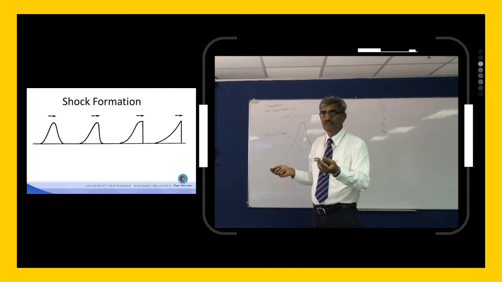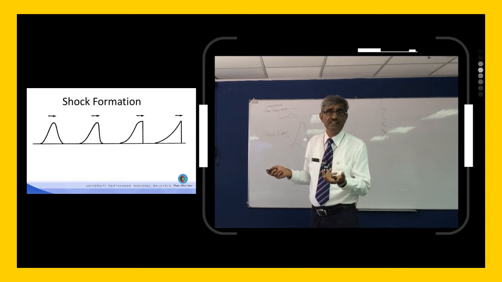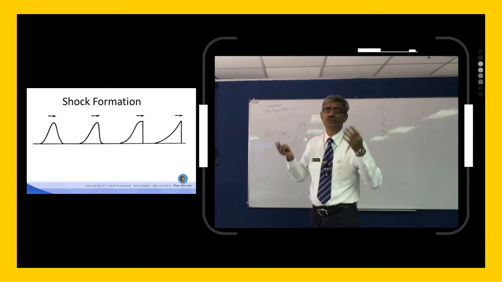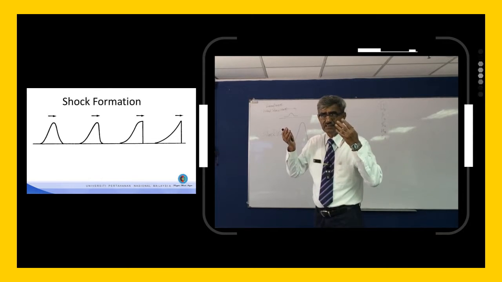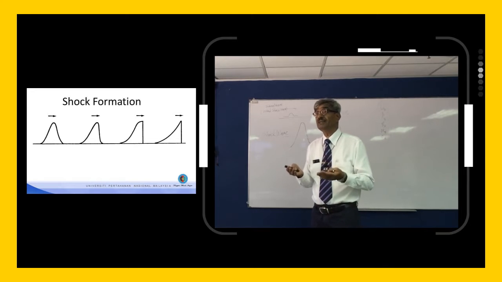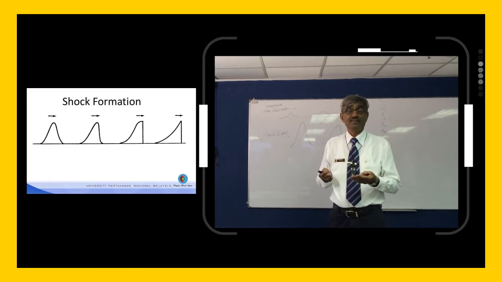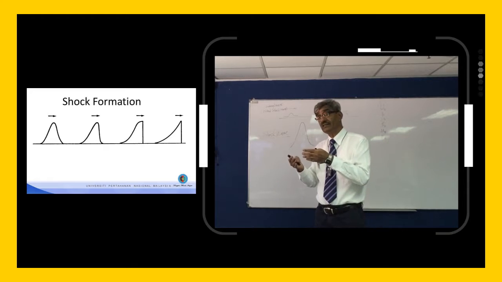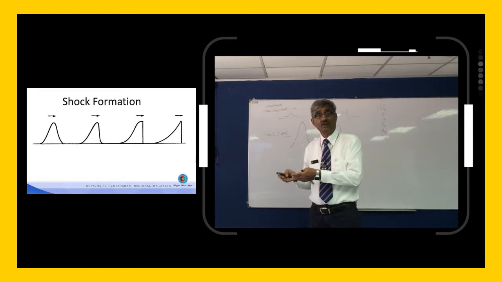So the shock starts with some given energy, no external energy is being supplied, and when it is moving in a highly compressible medium, it would lose its strength very quickly. But if the medium is less compressible, then it would lose its strength slowly.